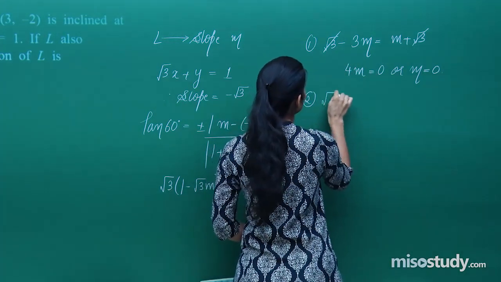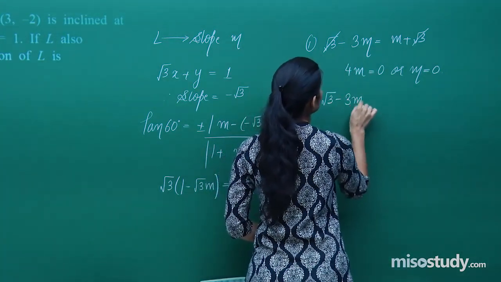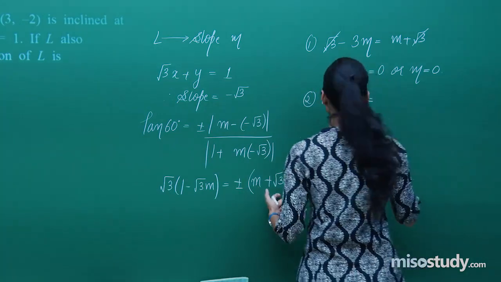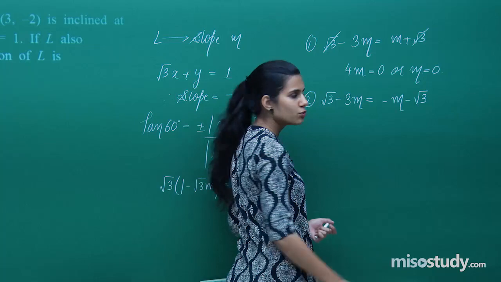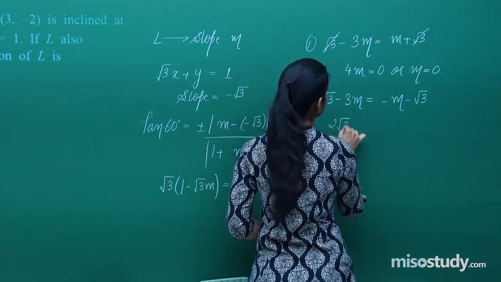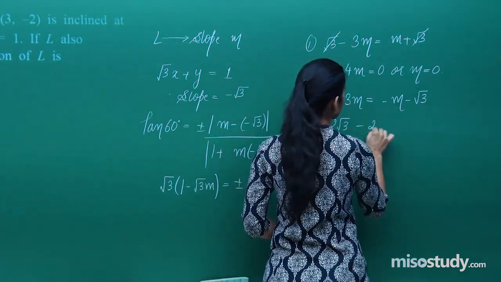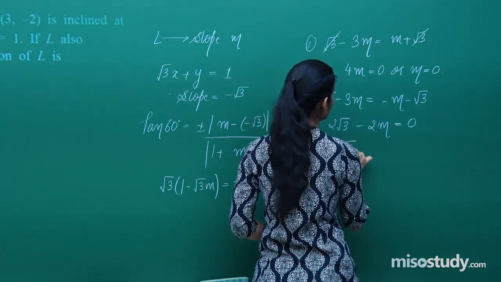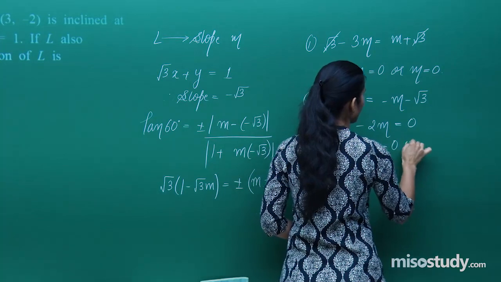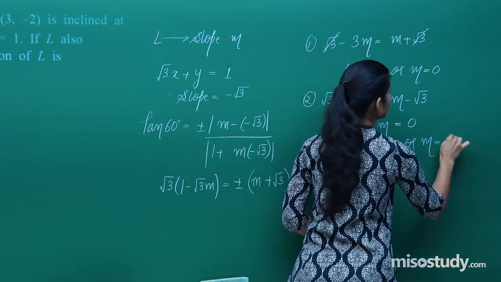And the other case can be root 3 minus 3m equals minus m minus root 3. So, root 3 plus root 3 gives you 2 root 3, minus 3m plus m is minus 2m, equals 0. 2 is common, 2 is going to vanish, root 3 minus m is 0, or m is root 3.